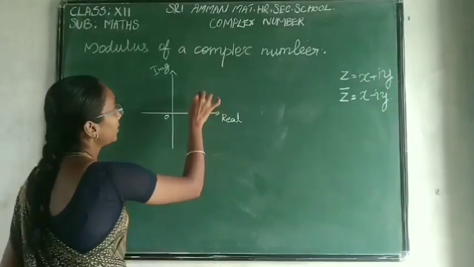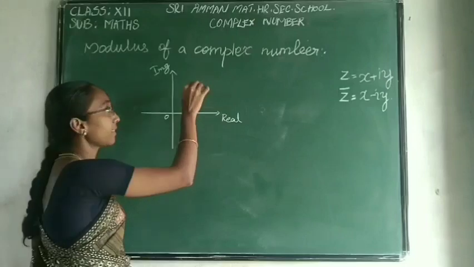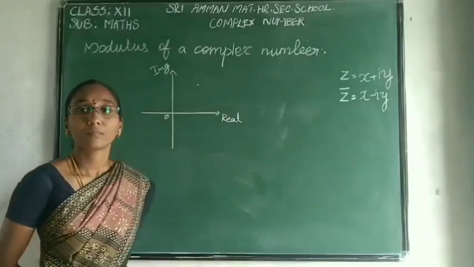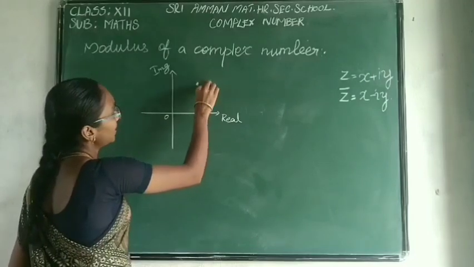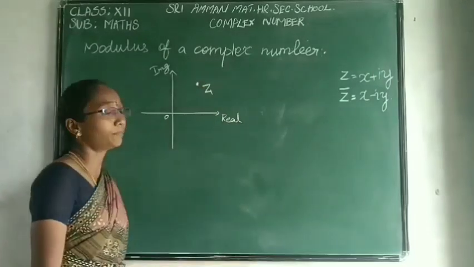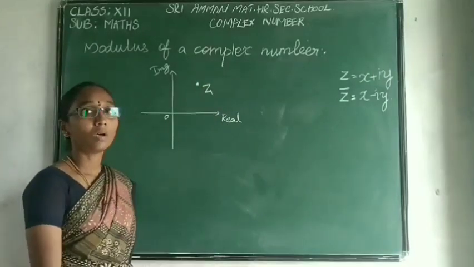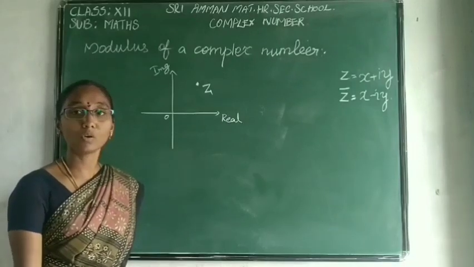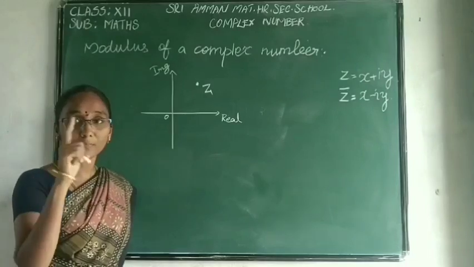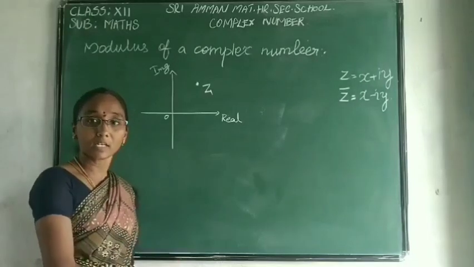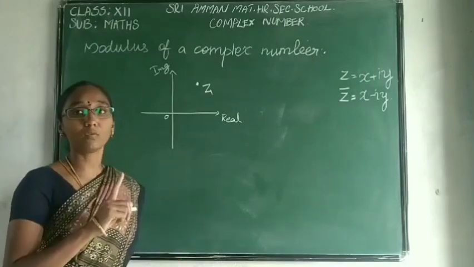I denote the complex number Z in that place. Whenever you consider a complex number, Z equals x plus iy.